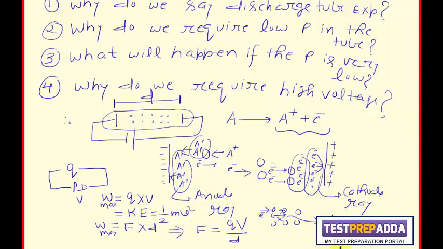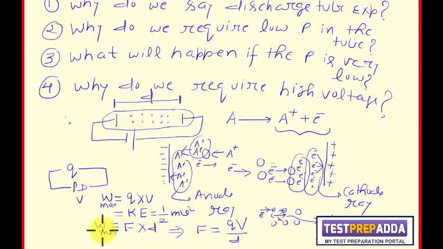The more the gain in kinetic energy, the more chances that when the electron collides with the atom it releases an extra electron. Right? That means the electron needs to travel sufficient distance to gain sufficient kinetic energy.